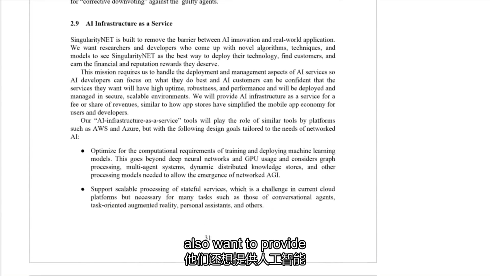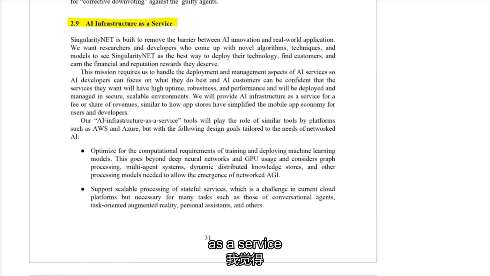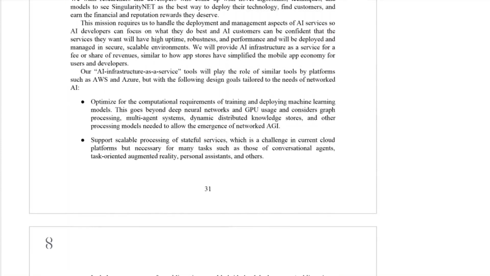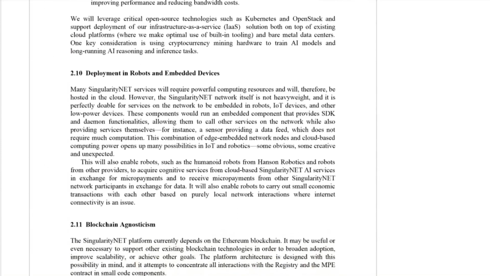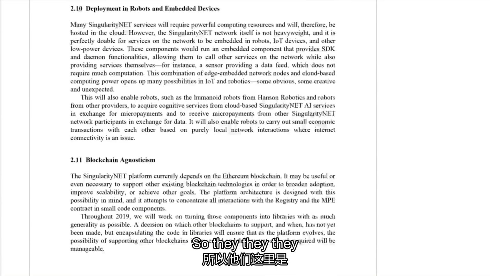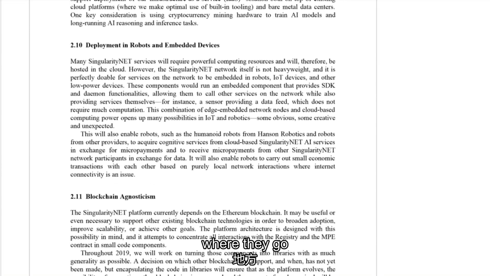They also want to provide AI infrastructure as a service, and that, I feel, is really irrelevant. Like, they say, okay, we want to provide this, but it really doesn't matter for the SingularityNET. Here is where they go into, oh, you could do this, you can do that with it, and so on. You can deploy it on embedded devices.